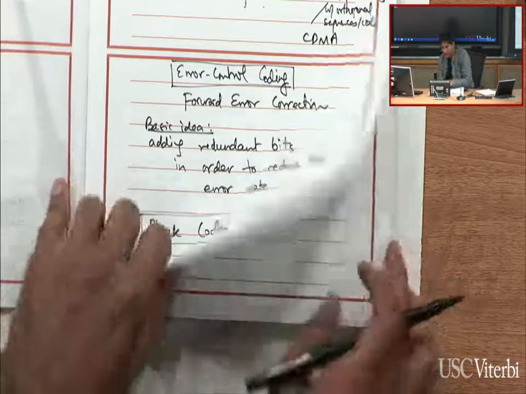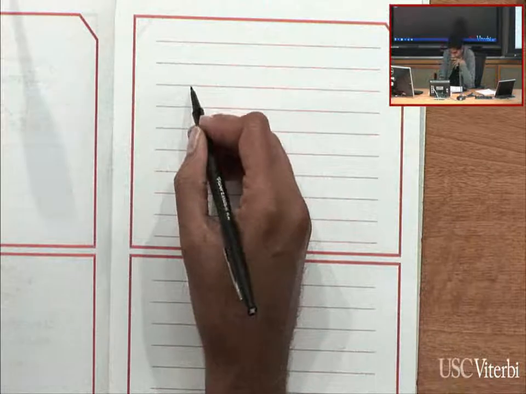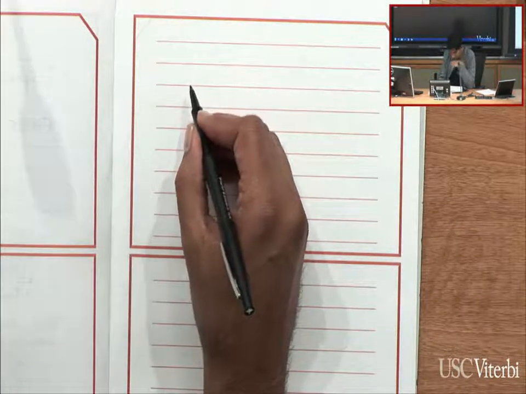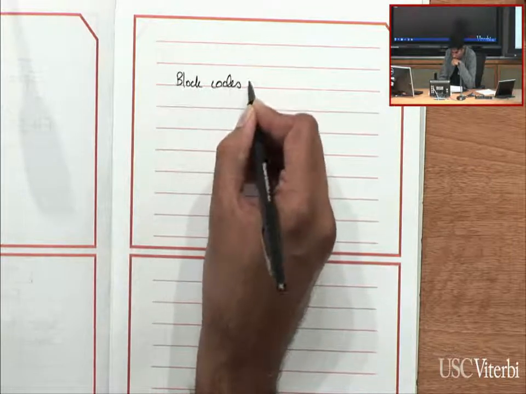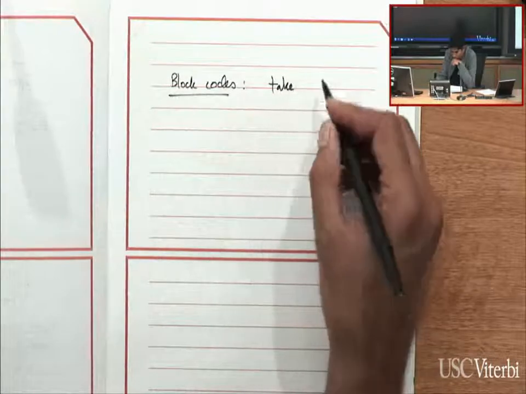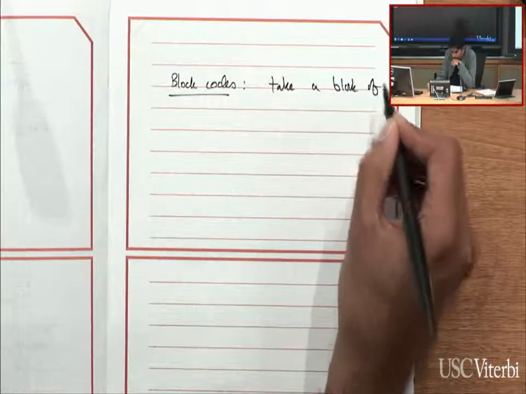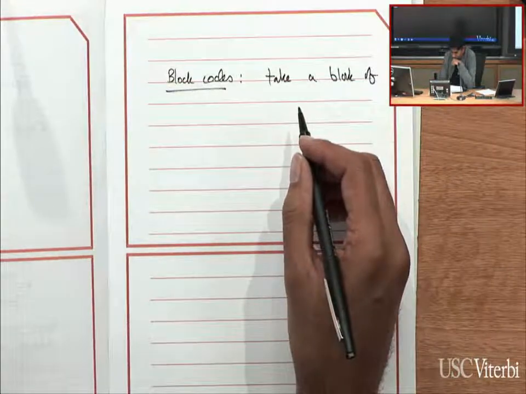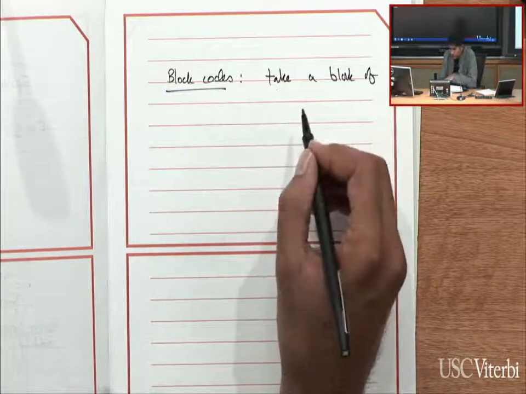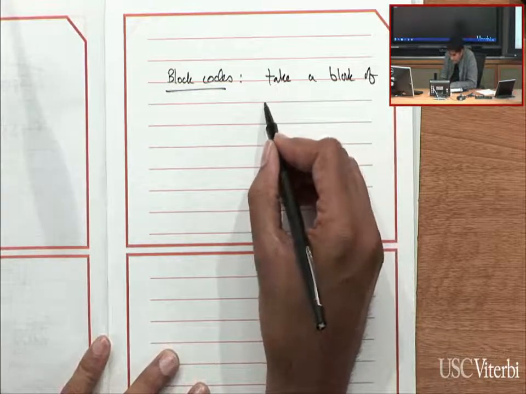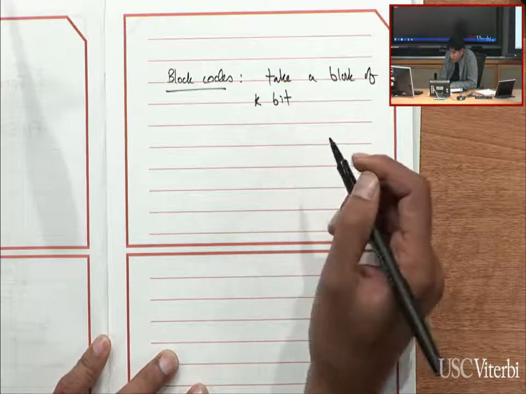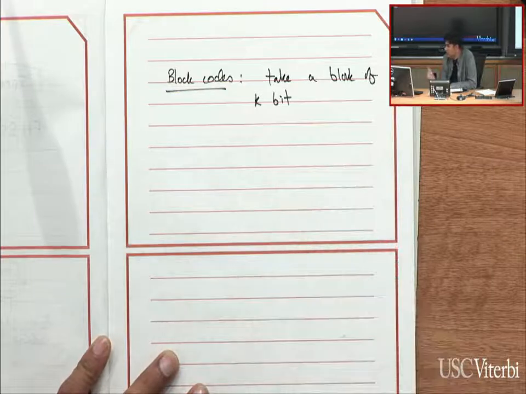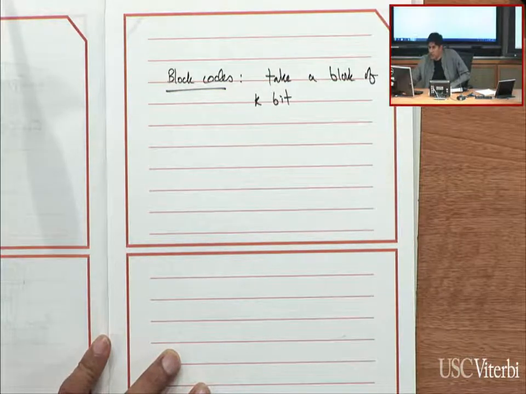With block codes, we take a block of k bits. Actually, let me make sure I'm consistent with standard notation here.